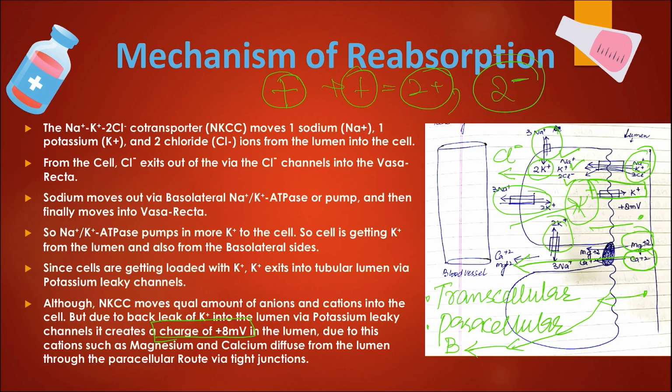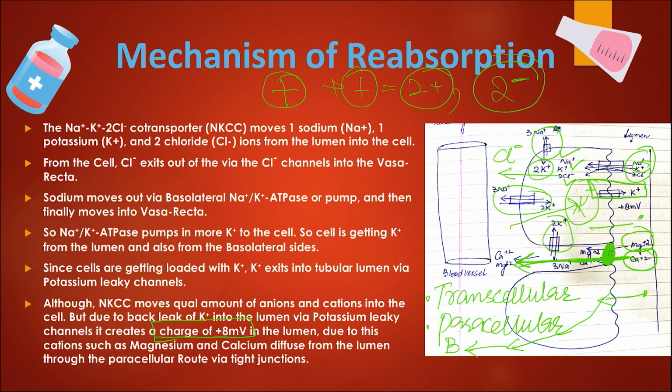In the paracellular route, the ions get reabsorbed through the tight junctions which are present between the two cells, and directly into the interstitial fluid.